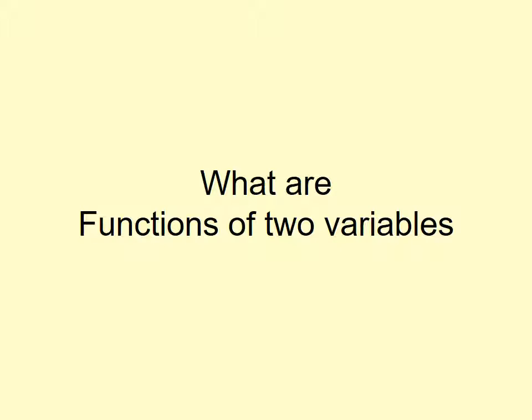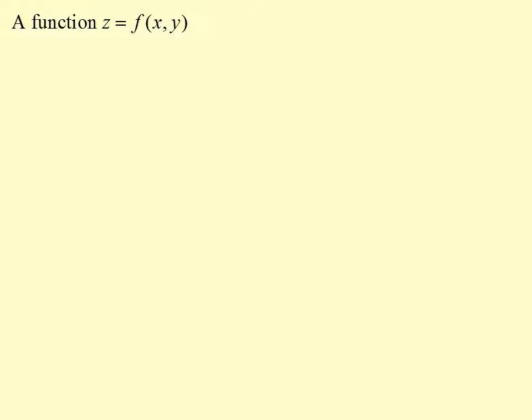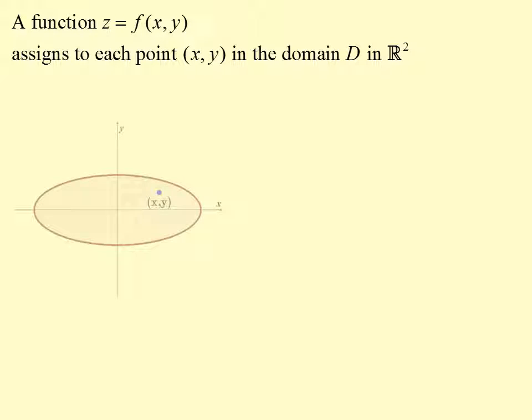We want to focus in the beginning, however, on functions of two variables. And it's traditional that we use the letter Z to represent the third variable. So we say Z is a function of X and Y. And here's the idea.